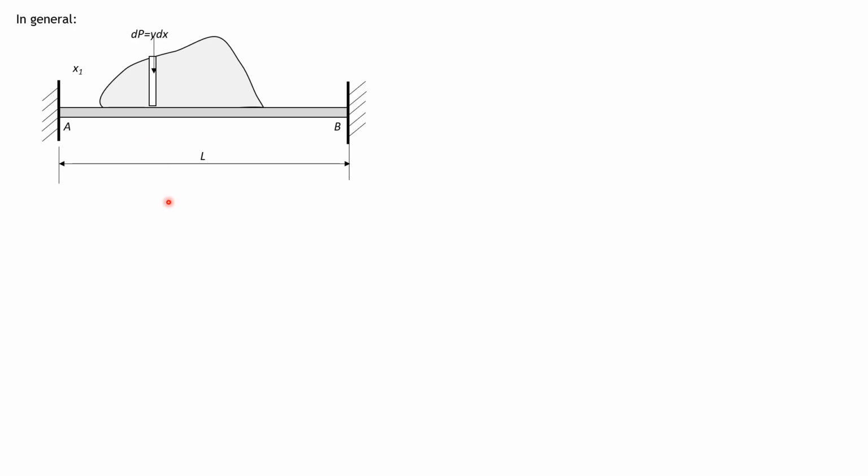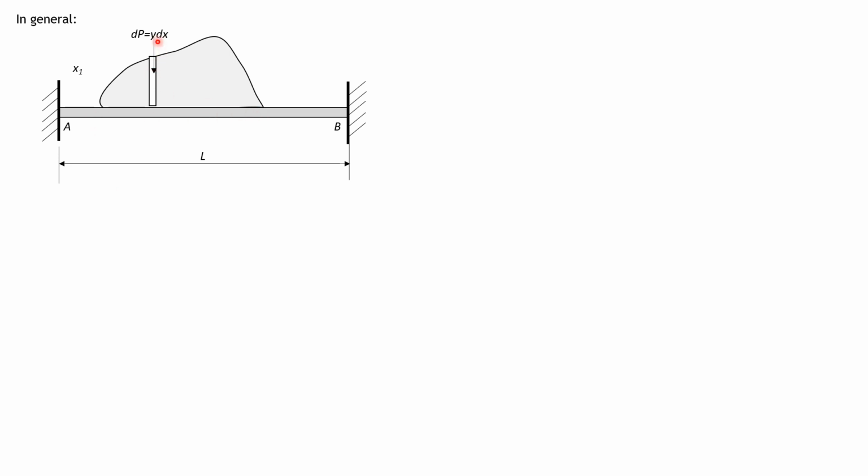Then assuming that the load is not coinciding with the left end nor the right end, let us say its distance from the left end is x sub 1 and the other end of the load is x sub 2 from the left end, and our limits would be from x1 to x sub 2.